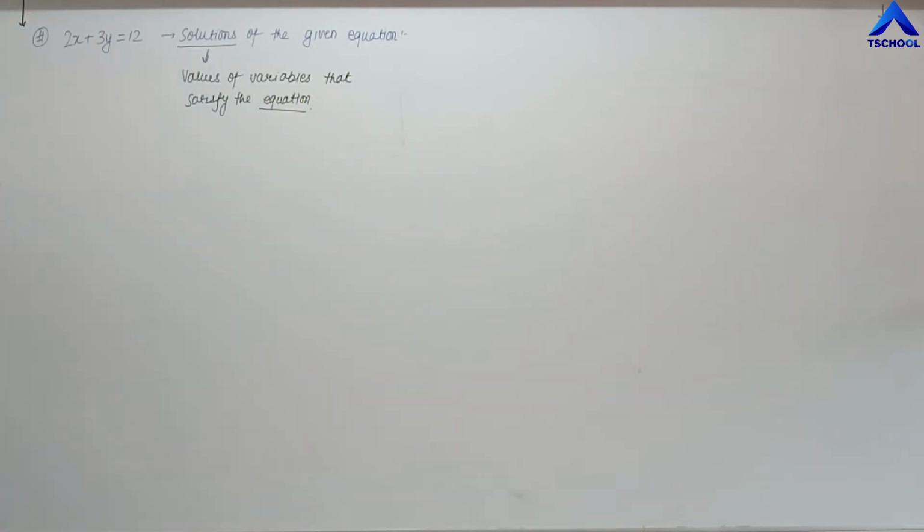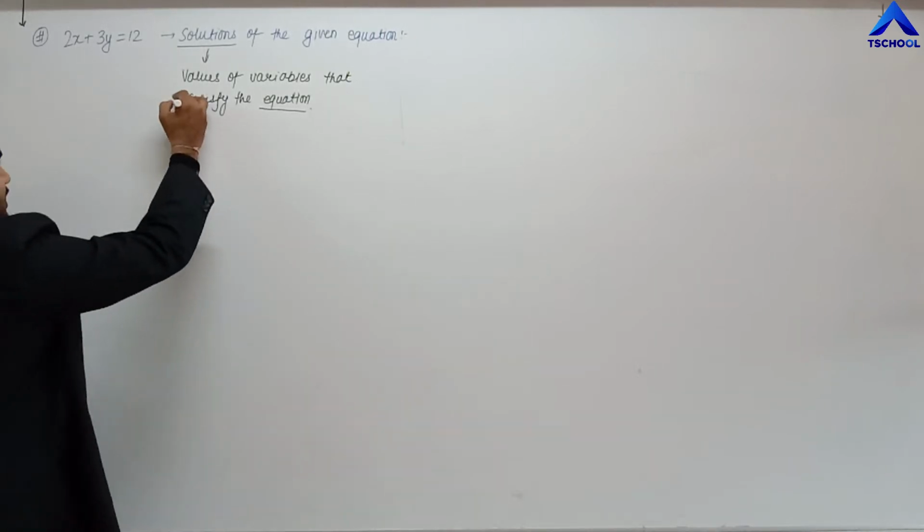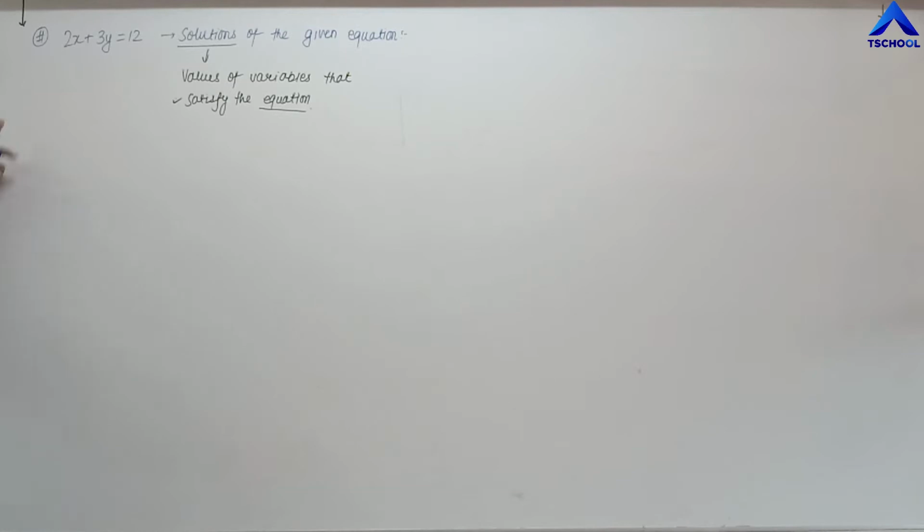Values of the variables that satisfy the equation. Satisfies the equation, that means if we put the values of variables here in place of x and y, we must get the answer 12.